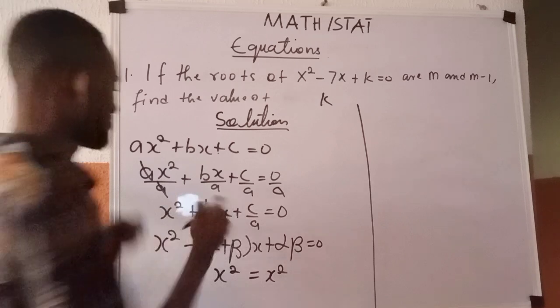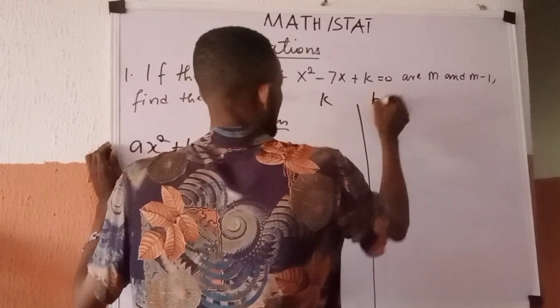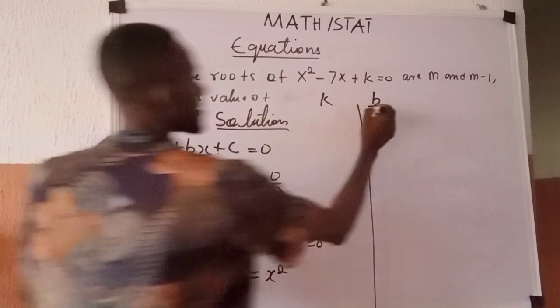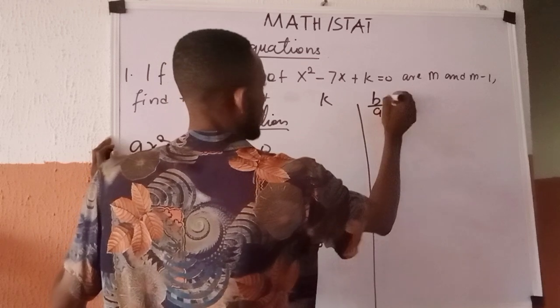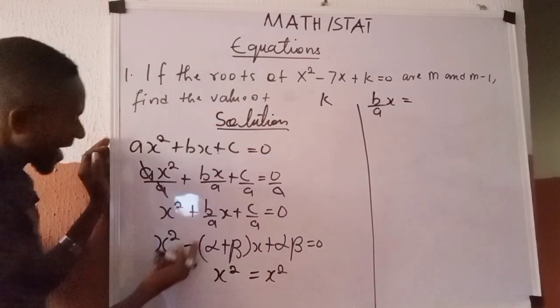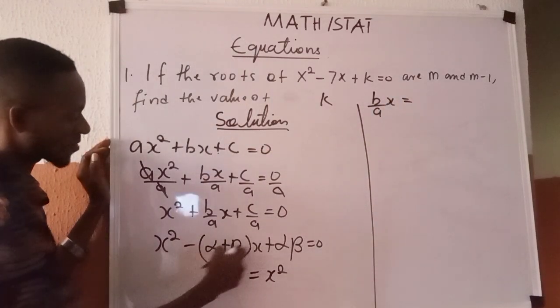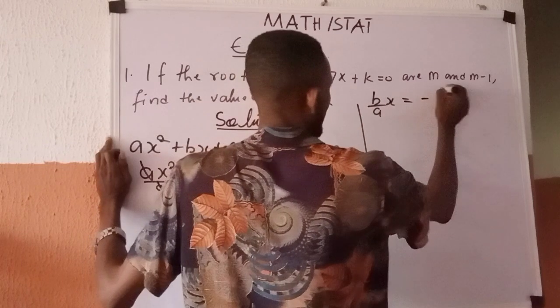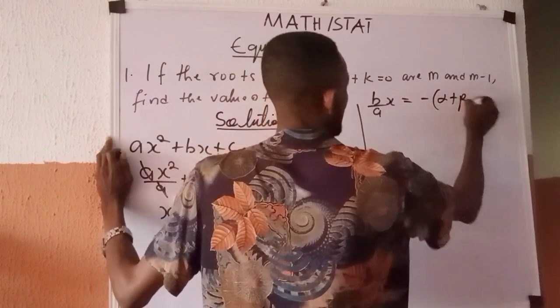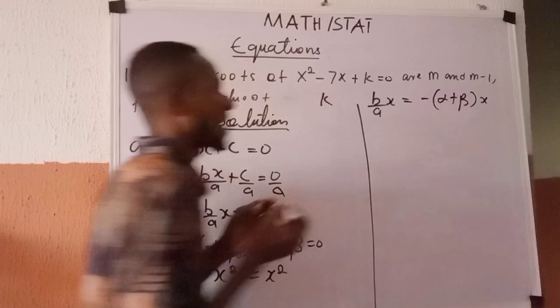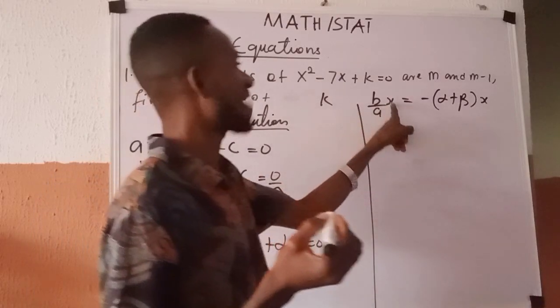That means I have b all over a of x equals minus alpha plus beta of x.